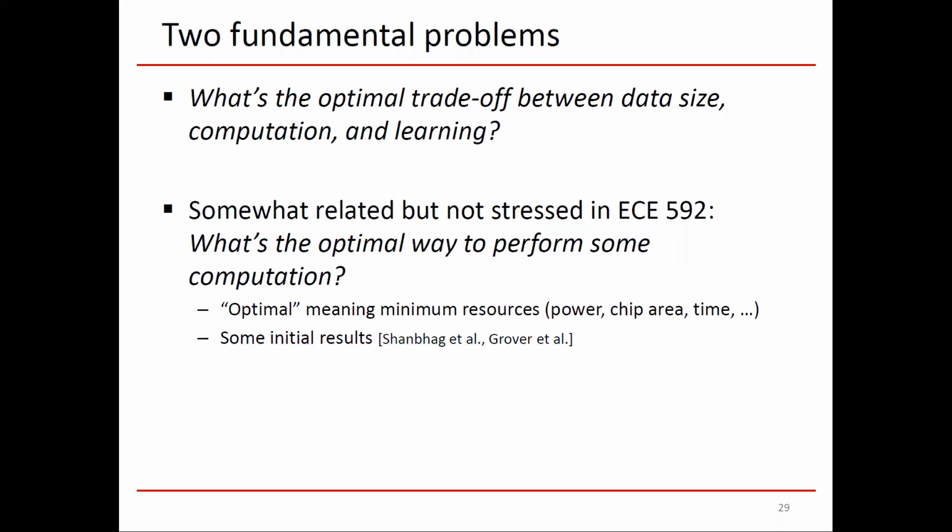Somewhat related to that, but not stressed in our course, what's the optimal way to perform some computation? Now, optimal is, again, in quotation marks, because it would mean what's the way to perform some computation that minimizes resource consumption. And there could be a lot of resources: power consumption, chip area. These are kind of hardware types of metrics. Runtime, number of instructions performed.